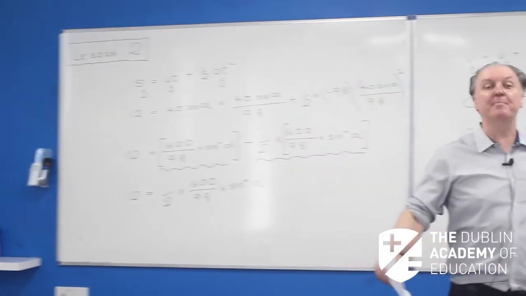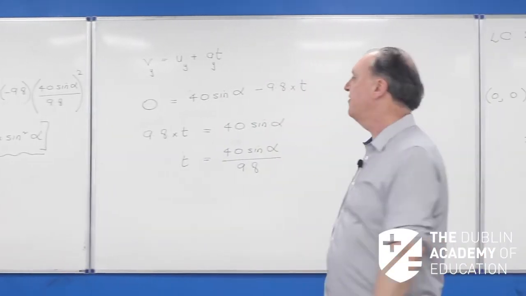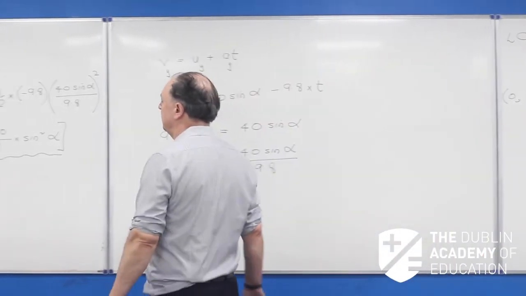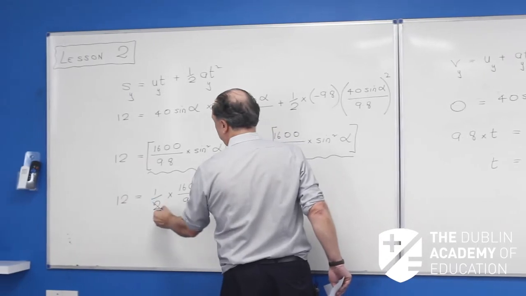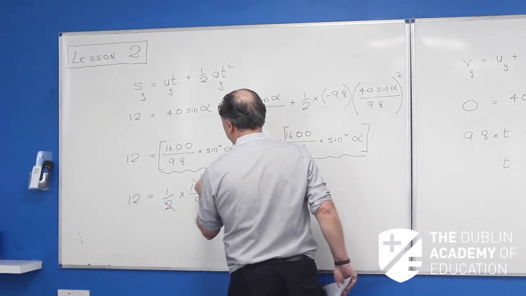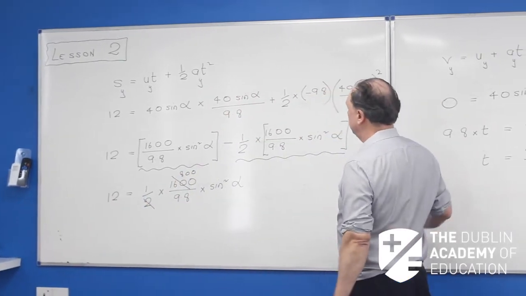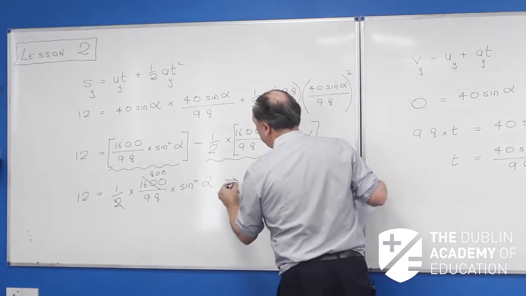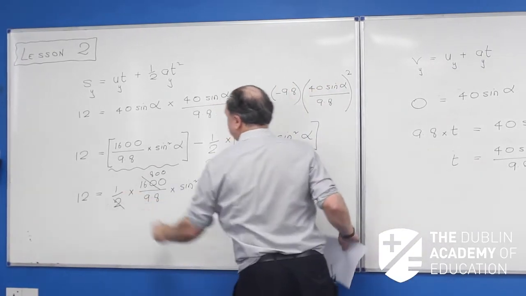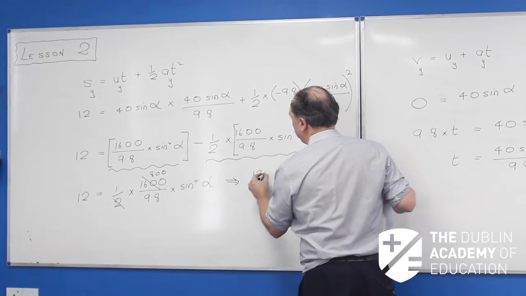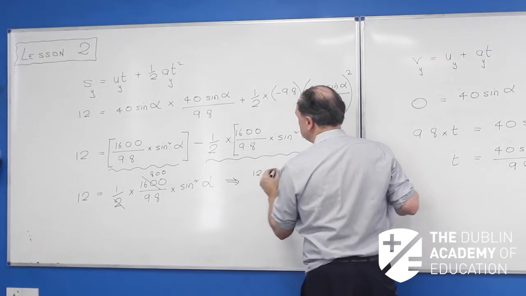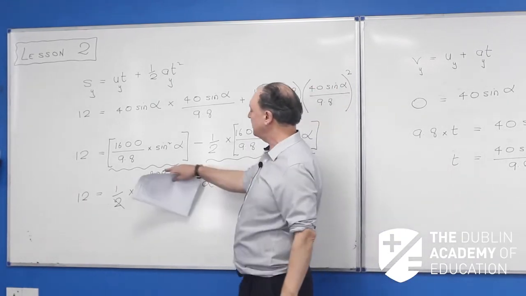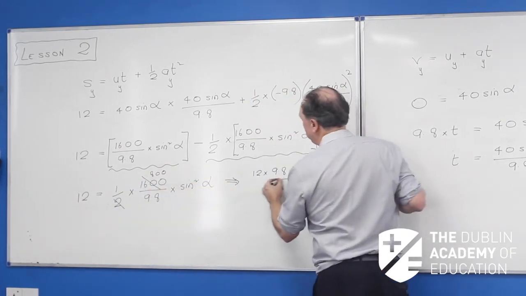Right, so now I'm in a position to solve for sine alpha. Bit of cancelling maybe. So that implies, slide the 9.8 up to the 12, and I'm going to slide the 800 down.